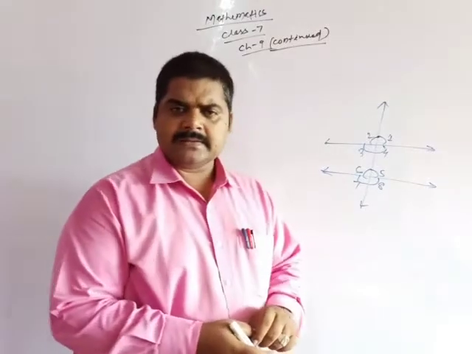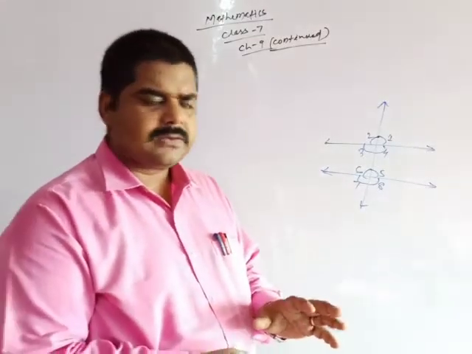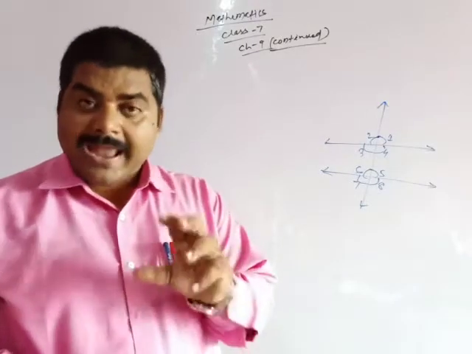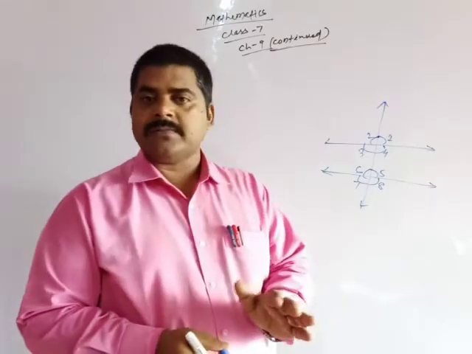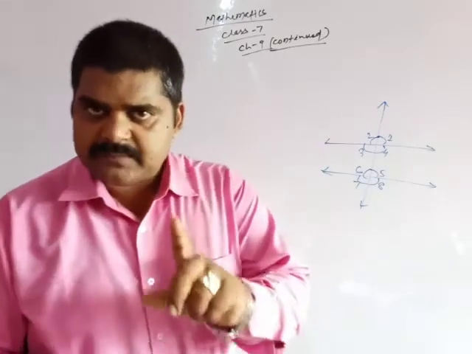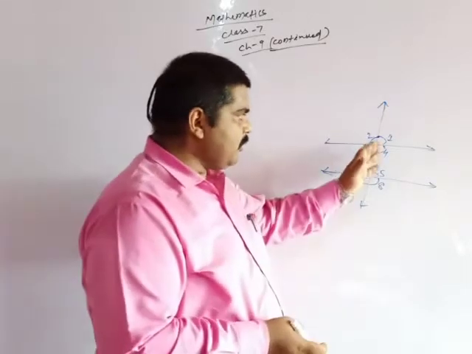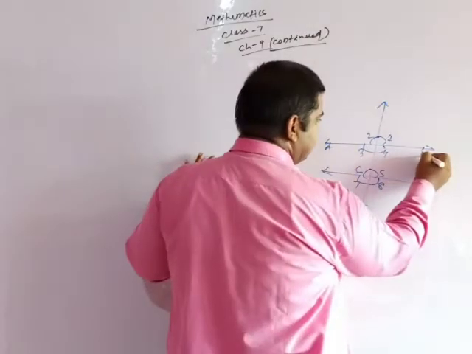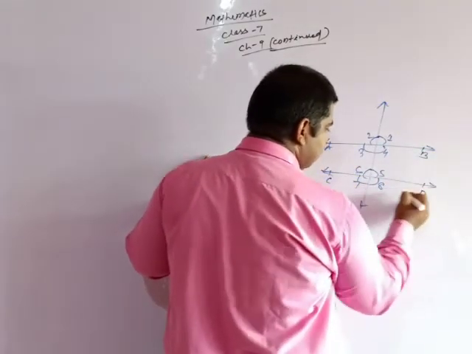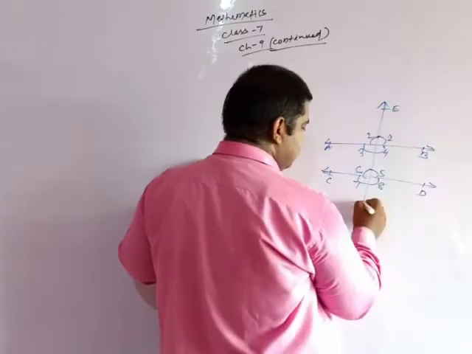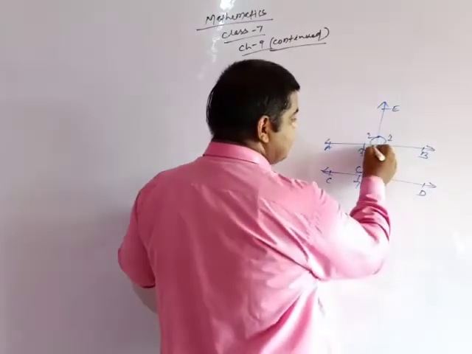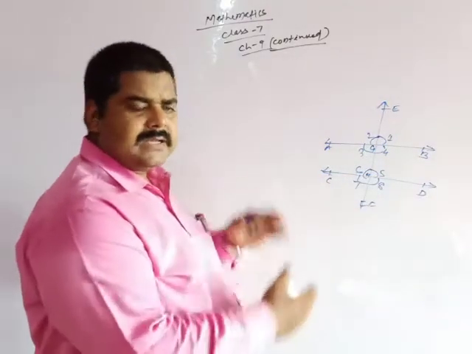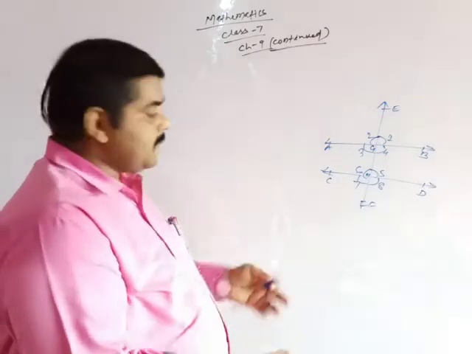Regarding the corresponding angles, you have to keep in mind that corresponding angles are the relation of the angles on the same side of the transversal. You can see here, if you name it, this line is AB, another line is CD, and the transversal is EF, and it intersects at G and H. What is the name of the transversal?